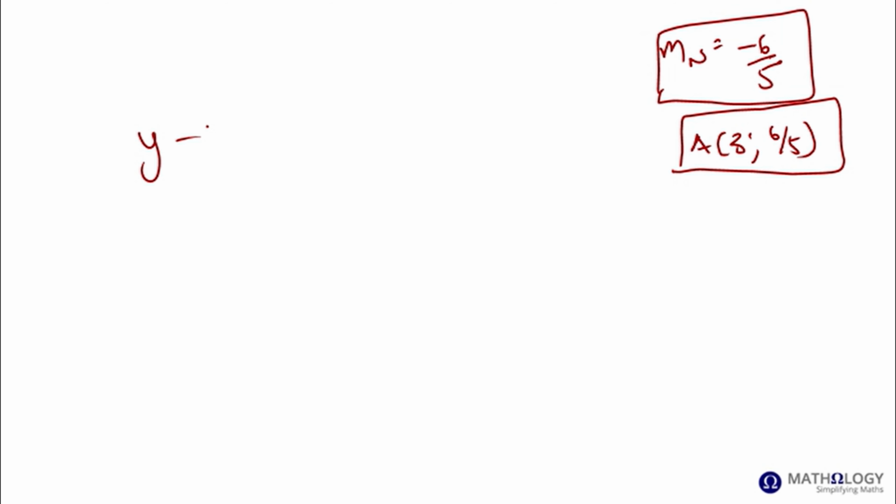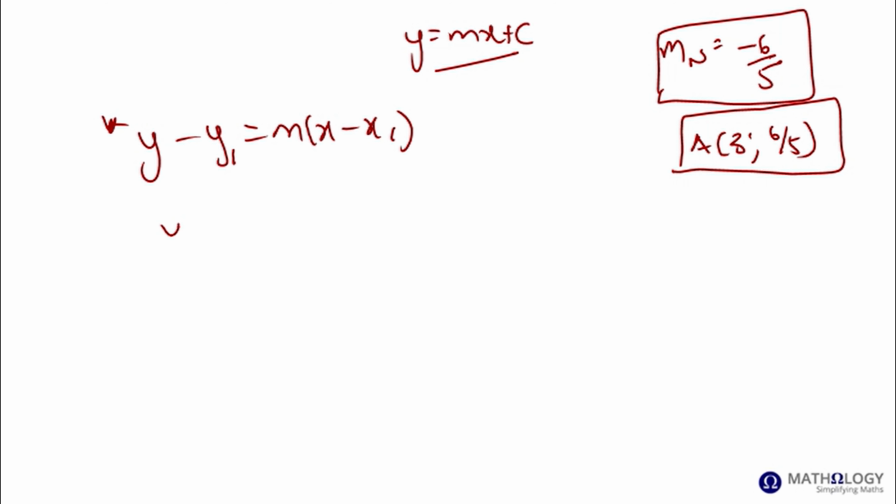So y minus y1 equals m times x minus x1. Of course, you can also use y equals mx plus c if you wish. It's just quicker to use this equation to find the equation of a straight line. So y minus 6 over 5 equals minus 6 over 5 times x minus 3.